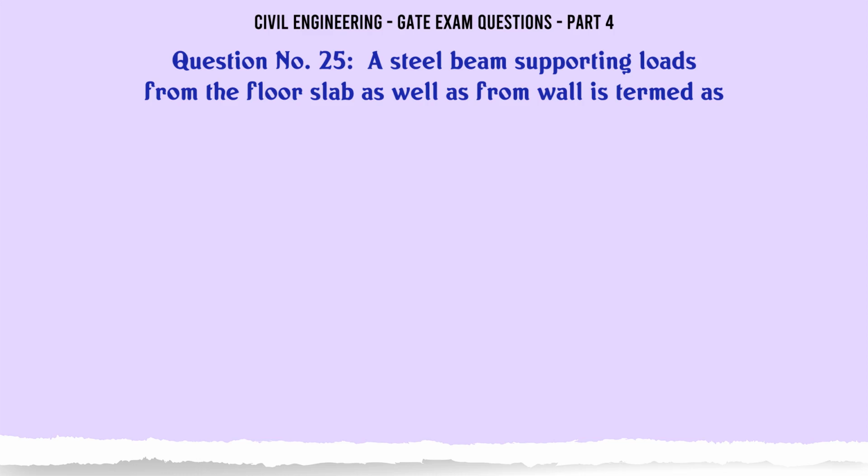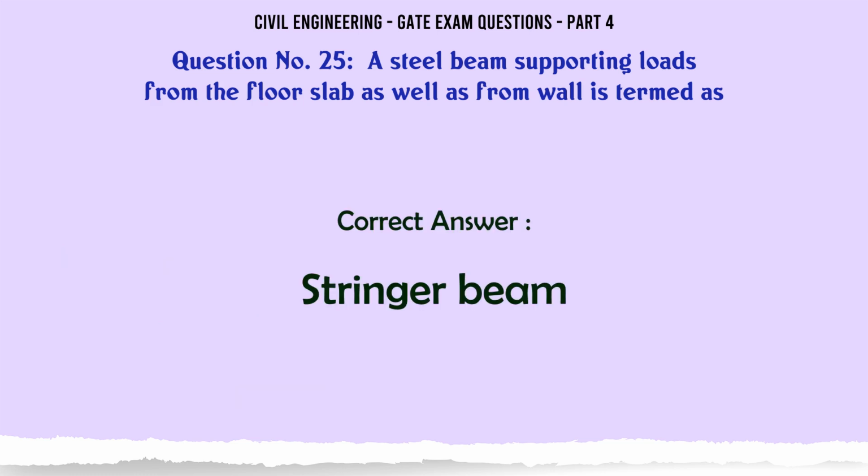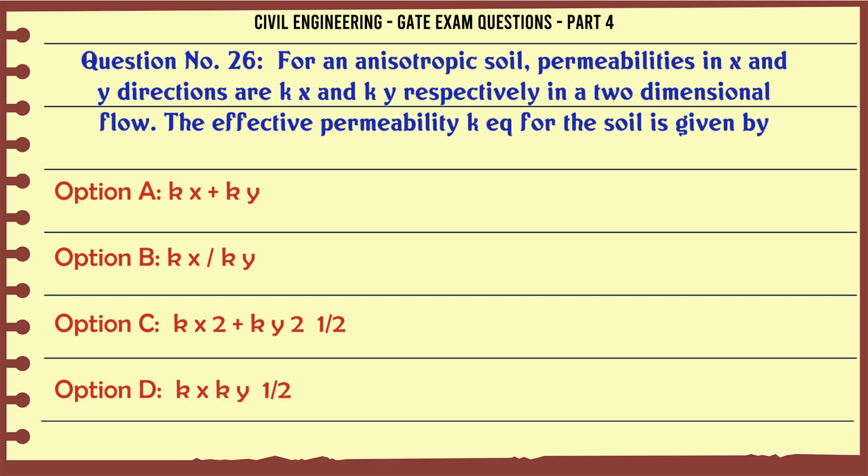A steel beam supporting loads from the floor slab as well as from wall is termed as A. stringer beam, B. lintel beam, C. spandrel beam, D. header beam. The correct answer is stringer beam. For an anisotropic soil, permeabilities in X and Y directions are Kx and Ky respectively in a two-dimensional flow.